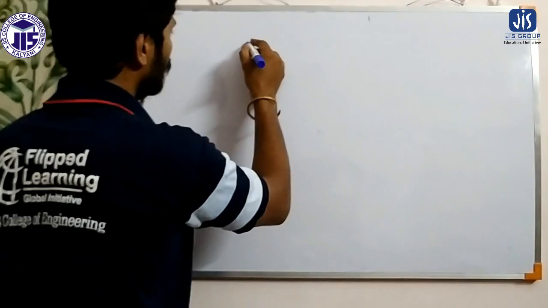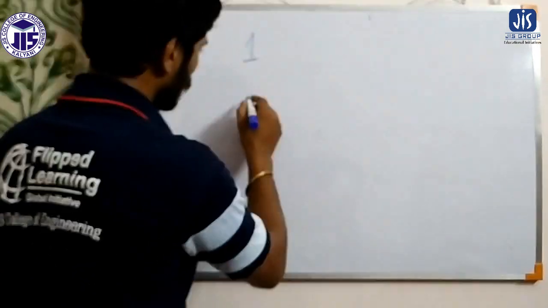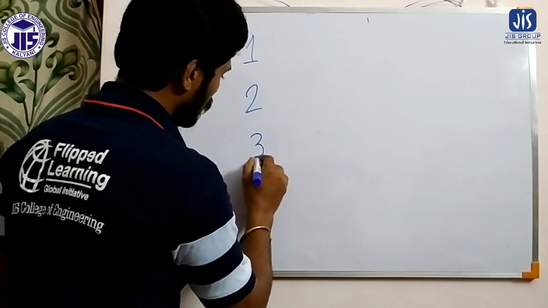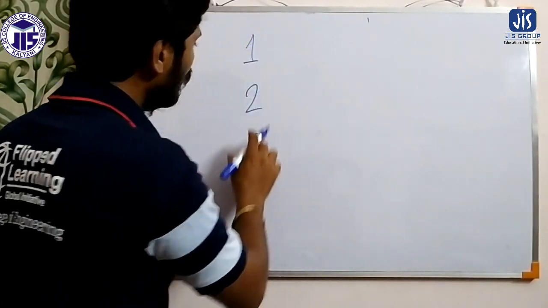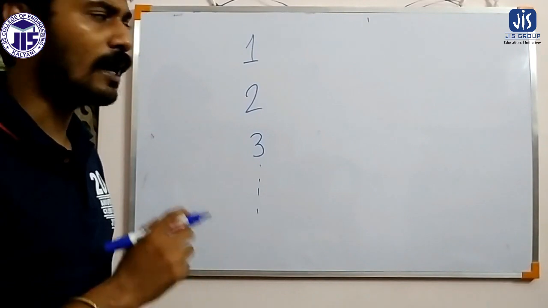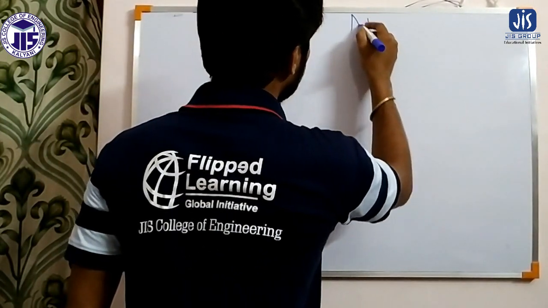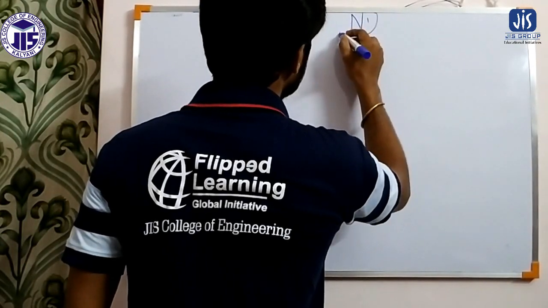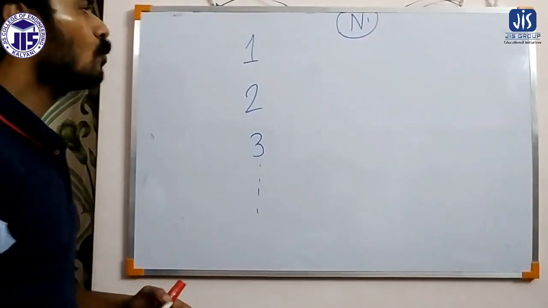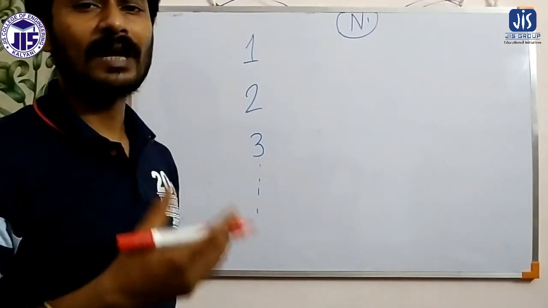In that way we can take different numbers, right? And we have taken a variable n. Now we will check what is the value of the n variable.